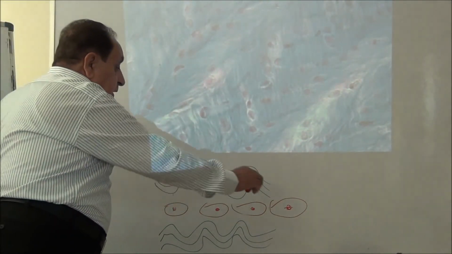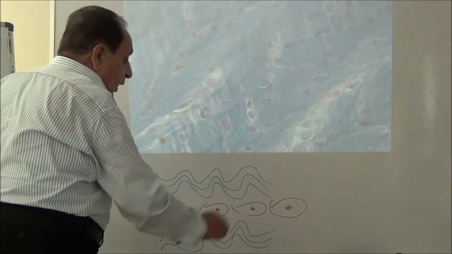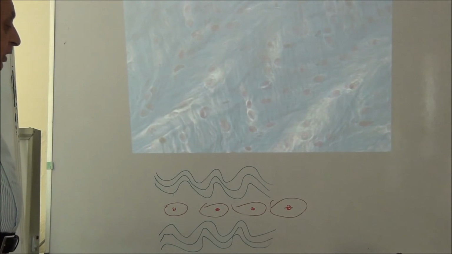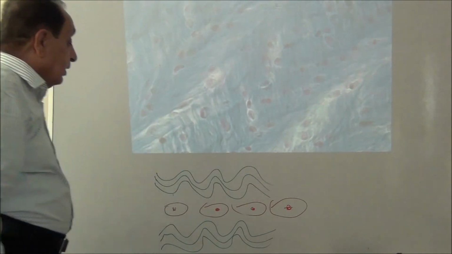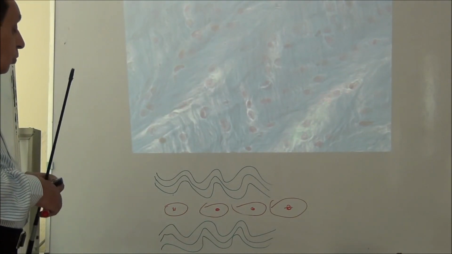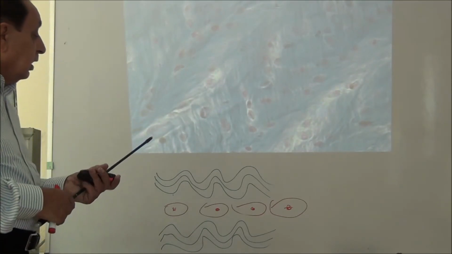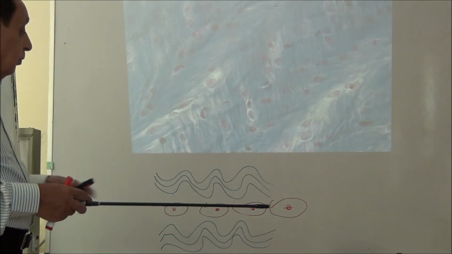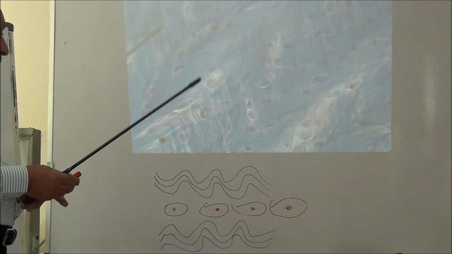Its upper portion contains a bundle of collagen fibers. Its lower portion contains a bundle of collagen fibers. In between these two bundles, this space contains the chondrocytes, and these chondrocyte cells are in rows between these bundles of collagen fibers.